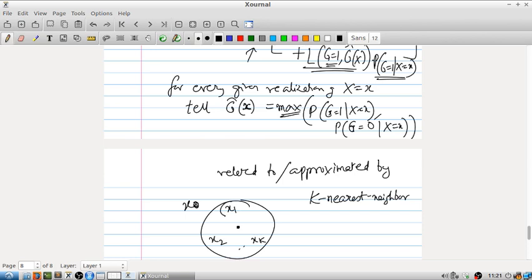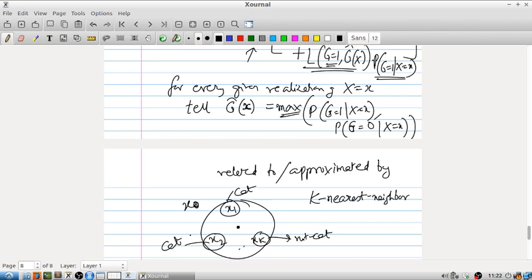And it will ask, what is this picture about? Maybe it was cat. What is this picture about? Maybe it was not cat. What is this picture about? Maybe it was cat. So just find out, among your k nearest neighbors, how many were cats and how many were non-cats, and whichever proportion is higher wins.